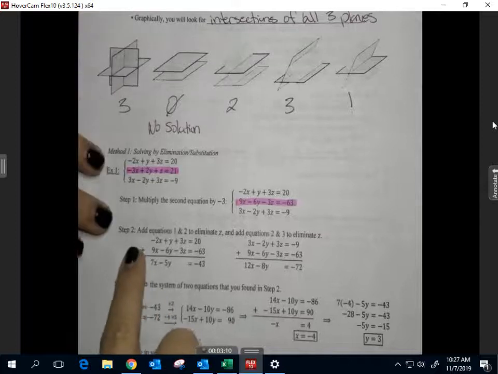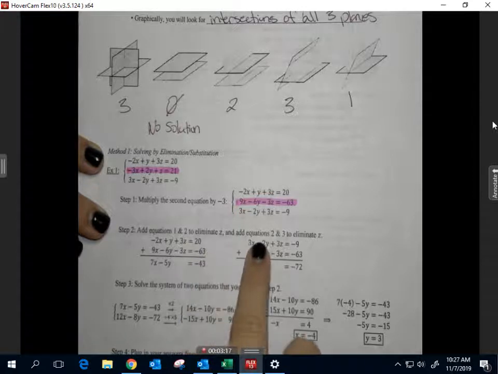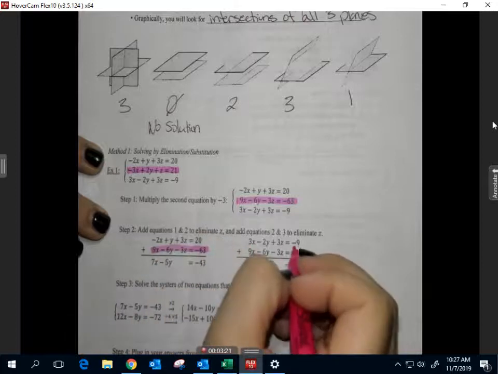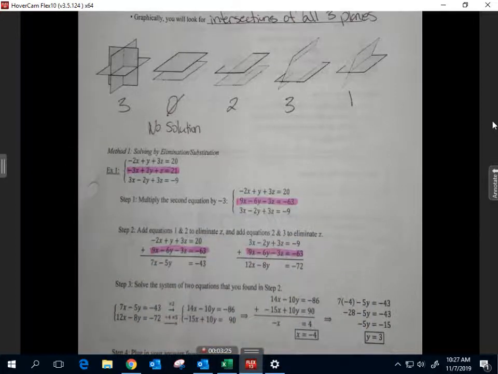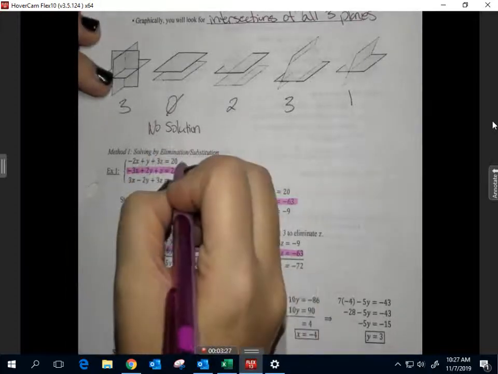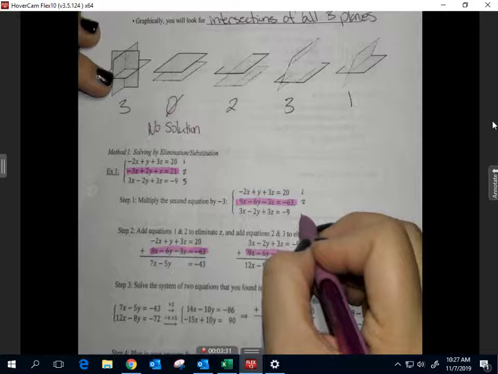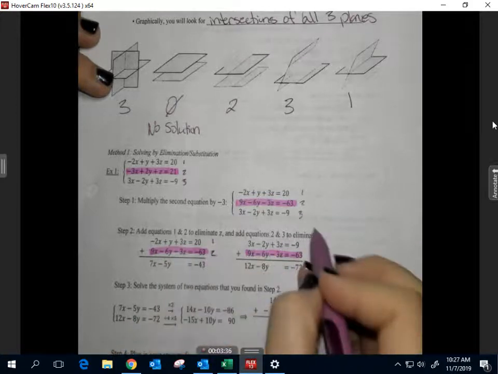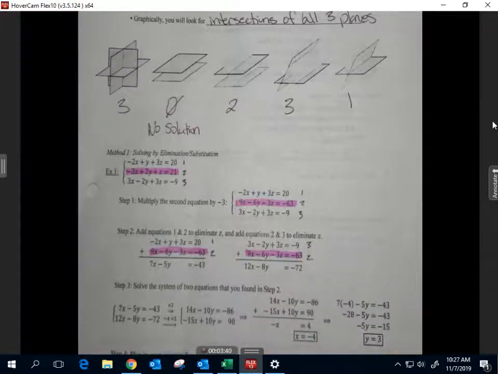And so what they did in step 2 is they added equations 1 and 2 to eliminate z, and they added equations 2 and 3. So here's that new equation 2. So we have equations 1, 2, and 3. Here's equation 1 and 2, and here's equation 3 and 2.